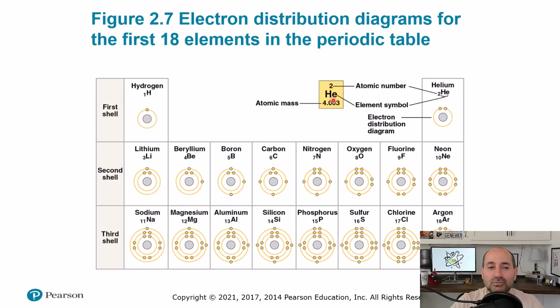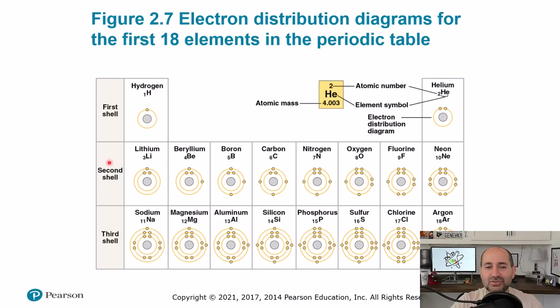They seek to fill their outermost shell with electrons. That's their mission. Their mission is to fill their valence shell with electrons and get to a more stable state like that of the noble gases.